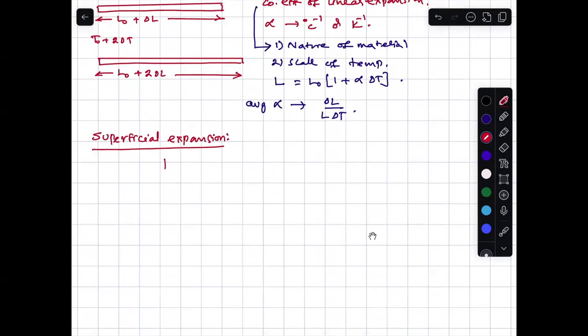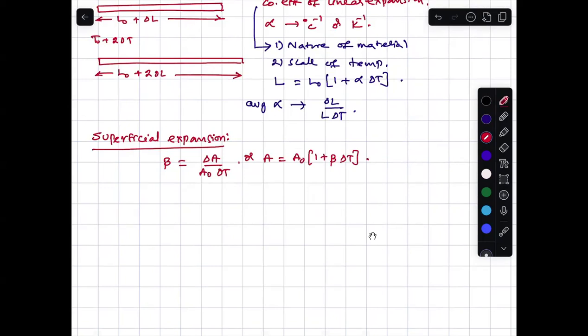We will represent this with beta. Beta is simply delta A by A naught times delta T, or A is A naught times 1 plus beta delta T. Again, the same terms: beta depends on the nature of the material and beta depends on the scale of temperature.